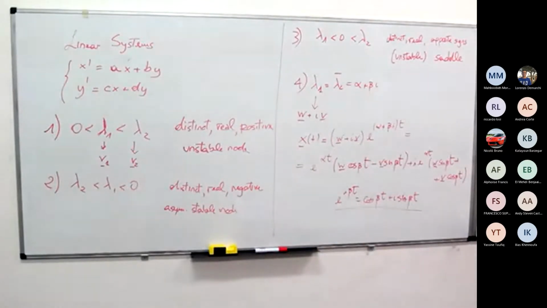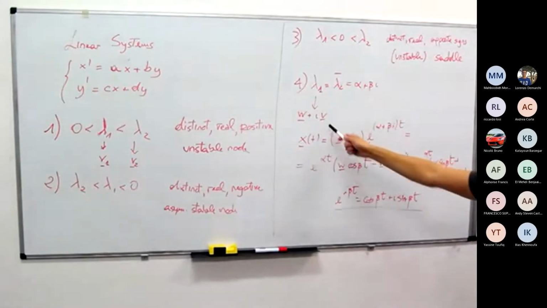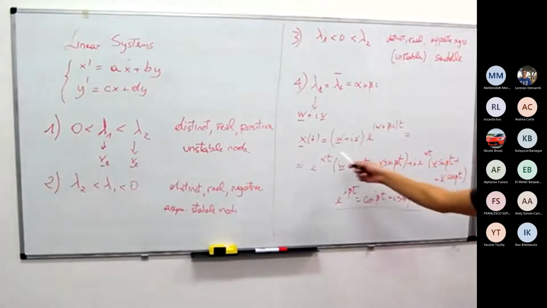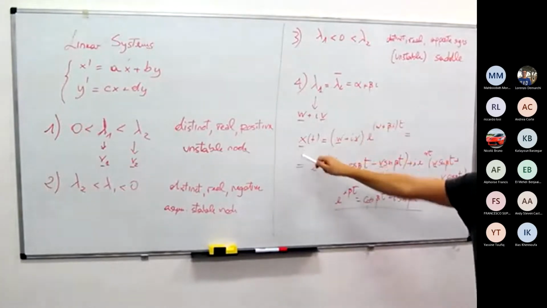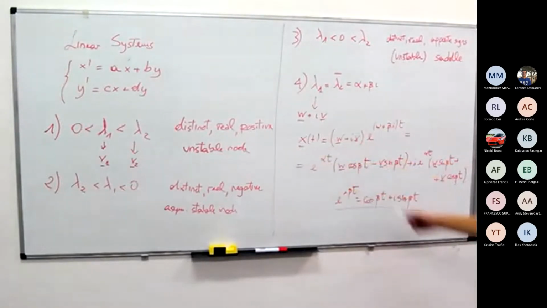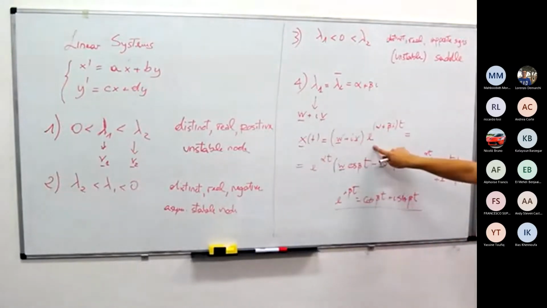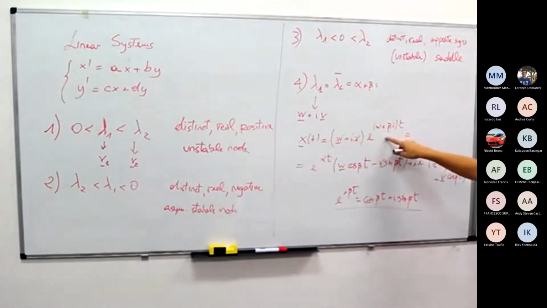So let me explain again what I was saying, because if you couldn't see, it was difficult. I found the eigenvector corresponding to the eigenvalue lambda 1. Then I'm constructing the general solution of the differential equation as a function of the eigenvectors, as we have done before: eigenvector times exponential of eigenvalue times t.